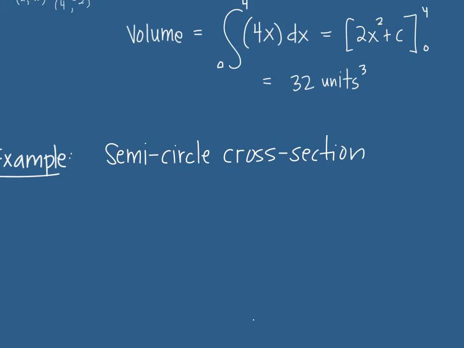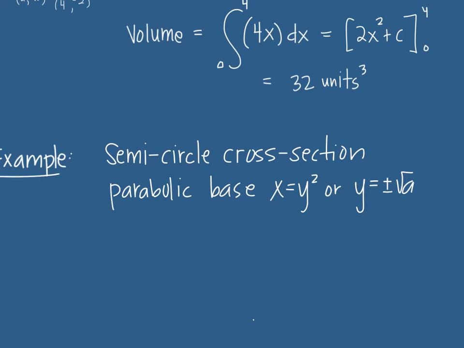Same parabolic base. x equals y squared. Or if you want to think of it differently, y equals plus or minus rad a. And we'll keep our bounds the same. Bounds 0 to 4. Find the area. Oh, excuse me, find the volume.